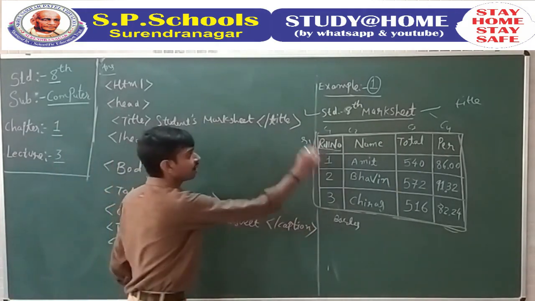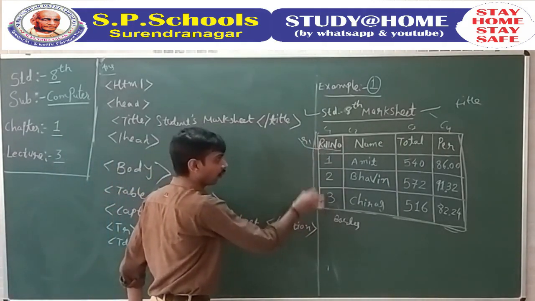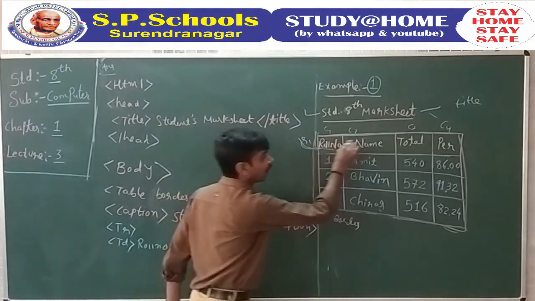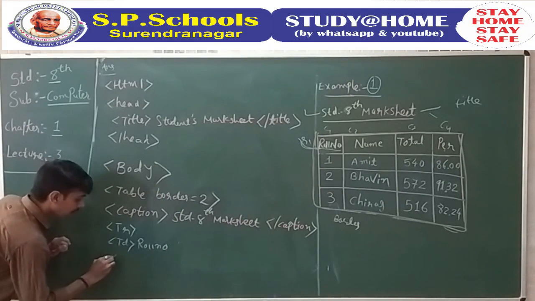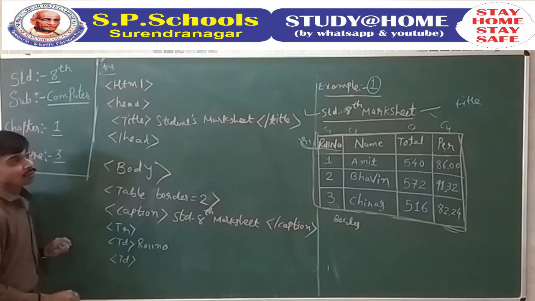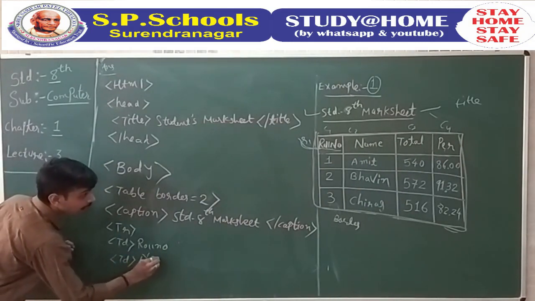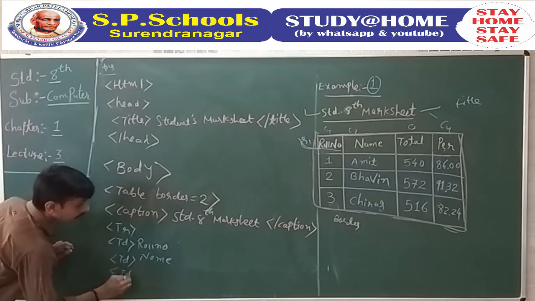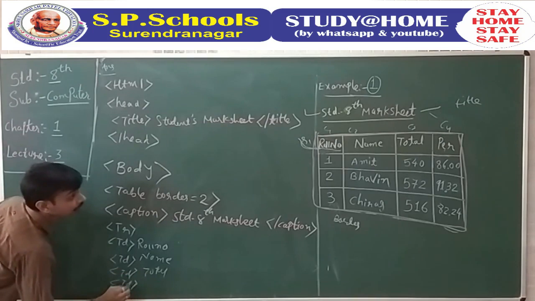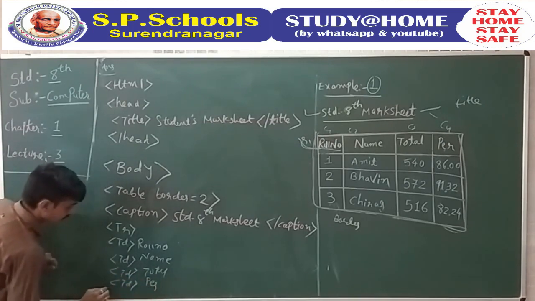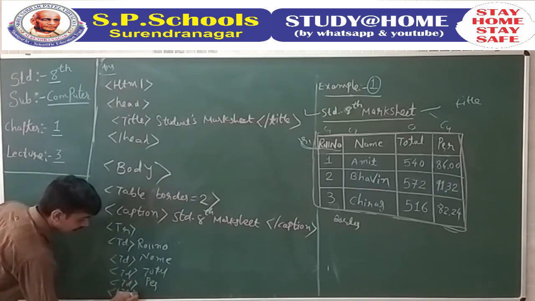There is only one here, second row, third and fourth. For an individual row, there are 4 table data. So TD, then what do we do? Name, then total, then percentage, and the TR tag is over.